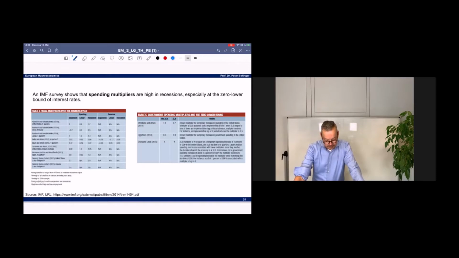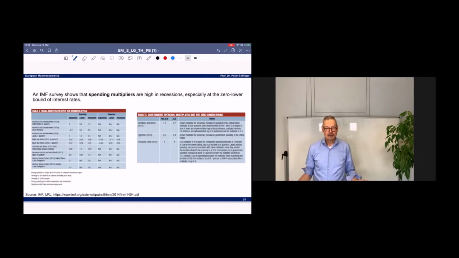You can see that the spending multipliers are relatively high, and you can also see that they depend on the economic situation. So if the government spends more money in a full employment situation with a high capacity utilization, the multiplier is not so high.